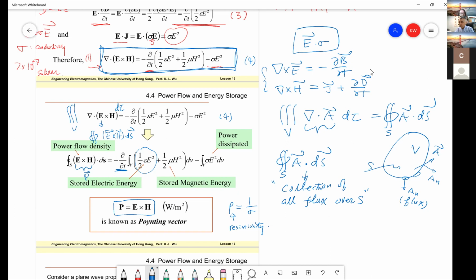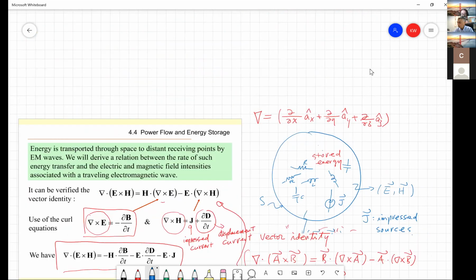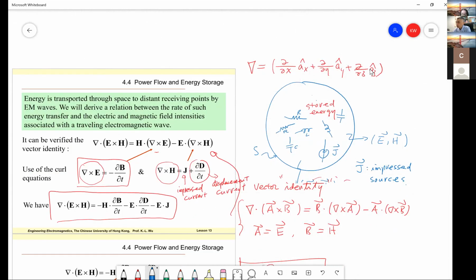Now, what about the Poynting vector? Let's go back to this picture. The Poynting vector is always E cross H. That is energy flow. This could be a complex number. If you take the real part of it, that means real energy.